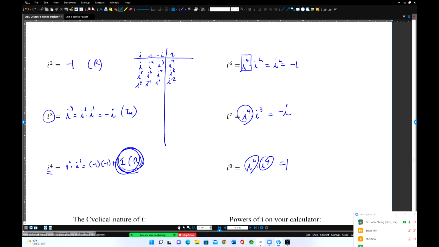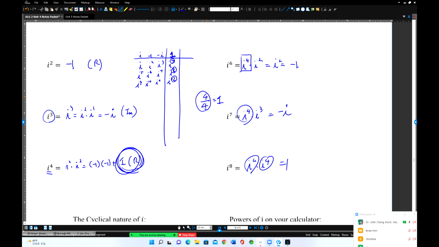Always this rule: if the exponent is a multiple of 4, always the value equals 1. Maybe someone knew this one. Exponent number divided by 4.